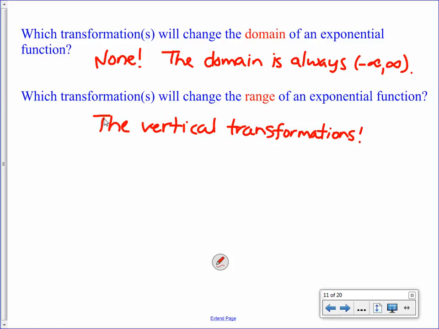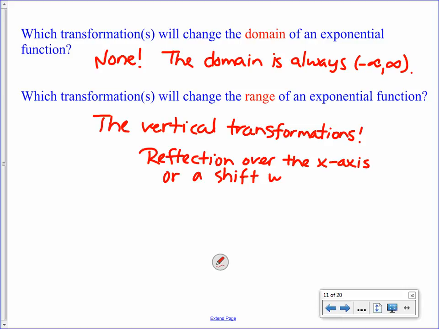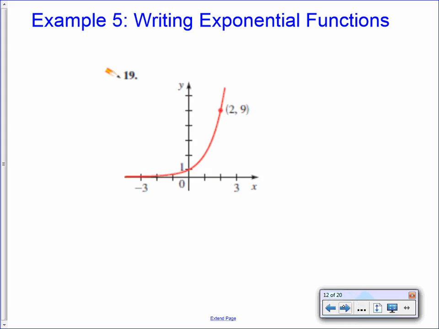So more specifically, a reflection over the x-axis or a shift up or down. Okay, so you really have to pay attention to those transformations when you're thinking about the range.